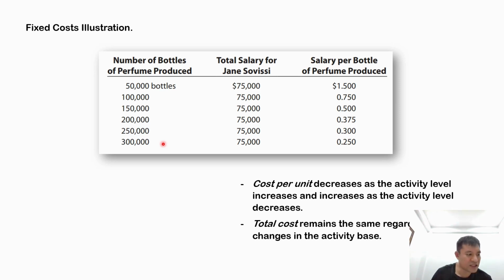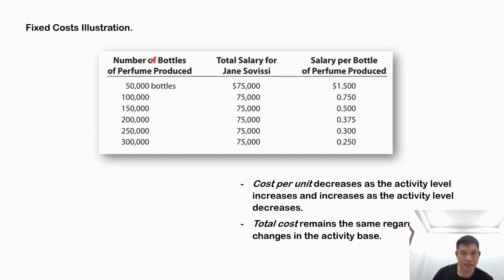The total fixed cost of $75,000 does not vary as production increases. As a result, the fixed cost per bottle decreases as the units produced increases. So this is because the fixed cost is spread over a larger number of bottles.